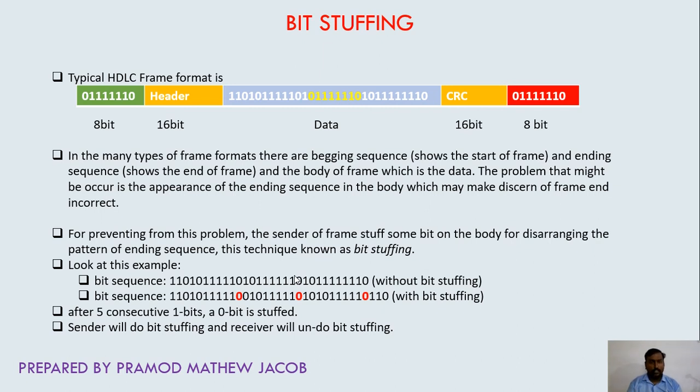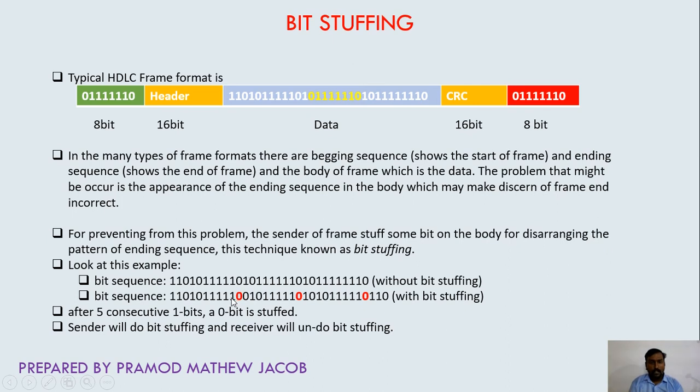In order to avoid that, whenever the data contains 5 ones in continuous locations, we will stuff an extra bit 0. So see here, whenever 5 ones are there, we add a new bit 0. Check from here: 1 1 0 1 0 1 1 1 1 1. So 5 ones are there, then after the 5 ones there is 0 1.